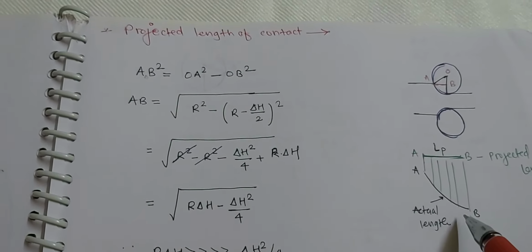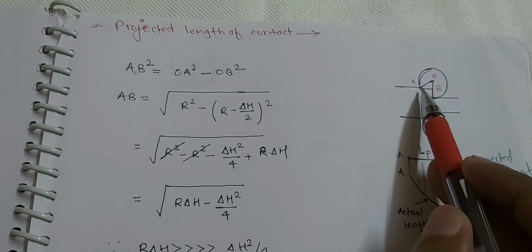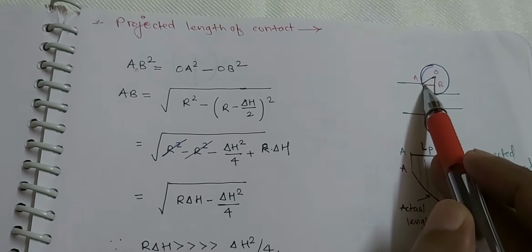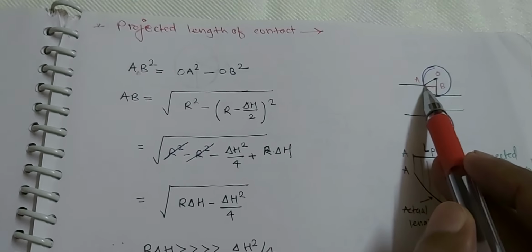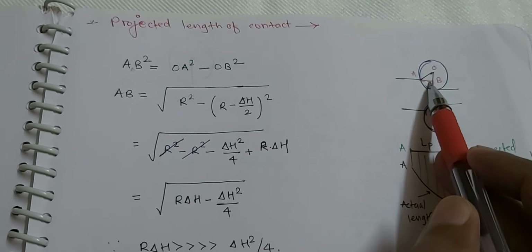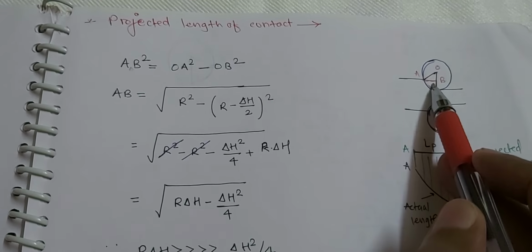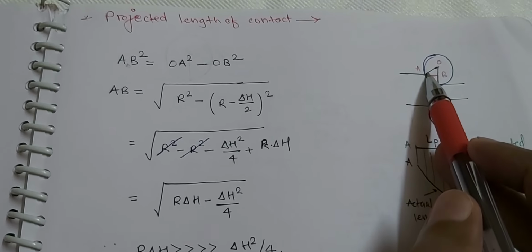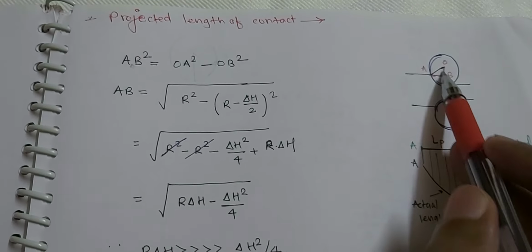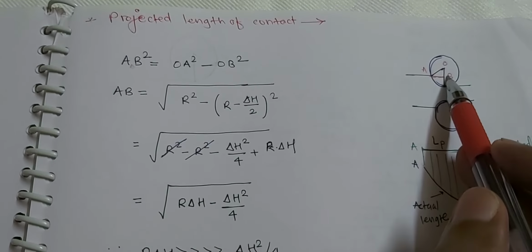For that purpose, let's see the derivation of AB square. If we find this AB, that is nothing but the projected length. AOB is a right angle triangle. In that triangle, AB square is equal to OA square minus OB square. OA is the radius, so R square minus OB square. OB is nothing but the radius minus this distance.